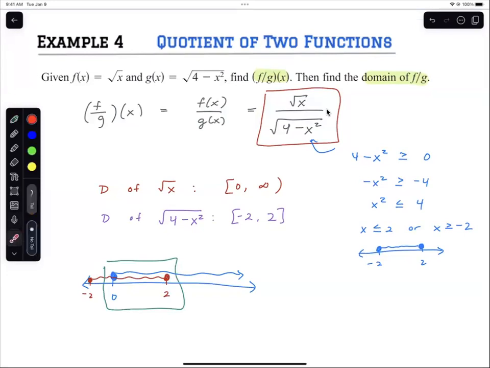So another thing we have to be careful about, though, is the bottom actually can't be 0. So even though I can use 2 here, I technically can't, because 2 squared is 4. 4 minus 4 is 0. Square root of 0 is 0. That would mean the bottom is 0. So I should be making this a parenthesis, which means that this is actually an open circle.